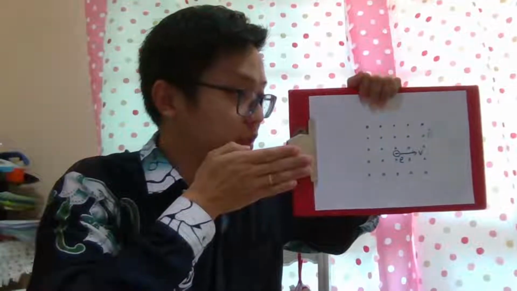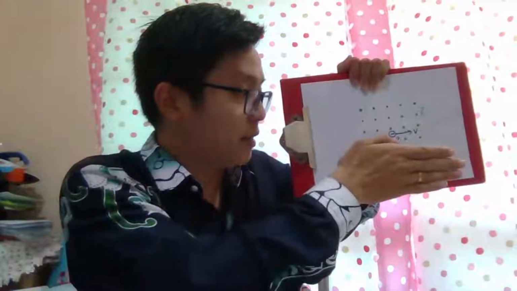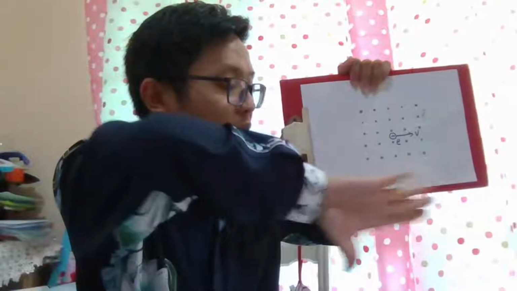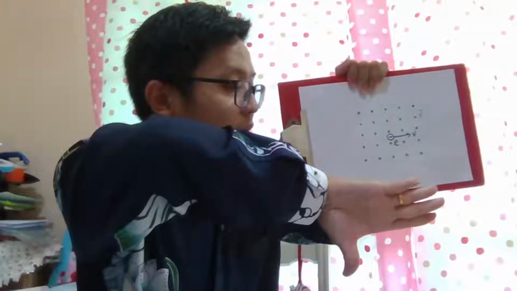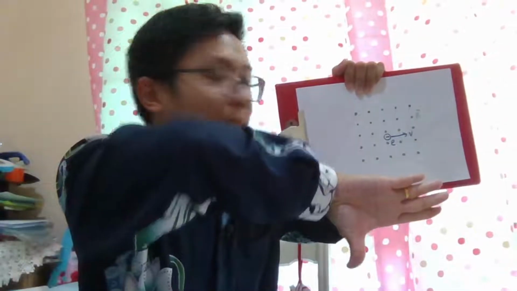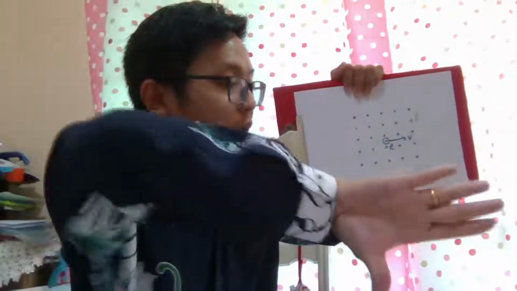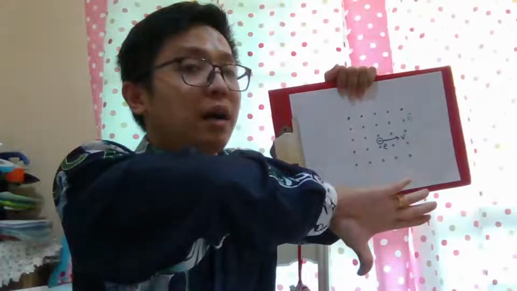Now the position of my hand is correct: velocity to the right, magnetic field out of the page, my palm showing out of the page.